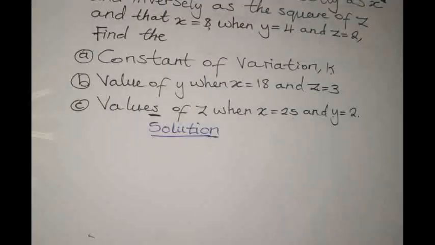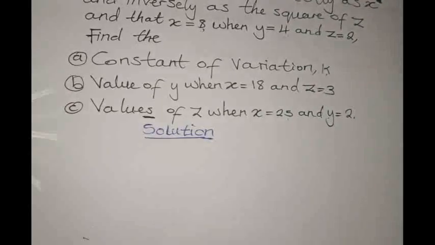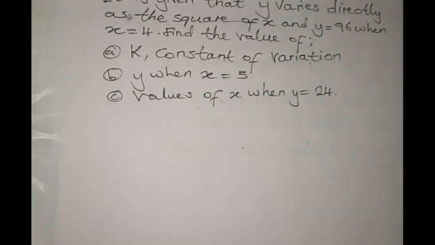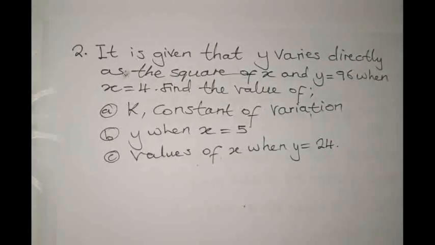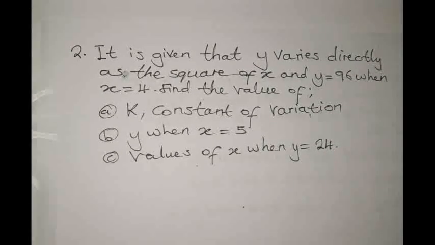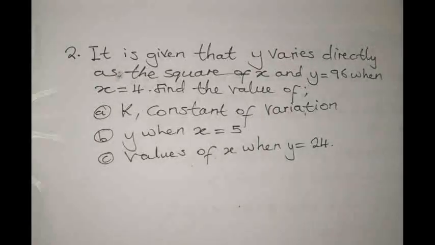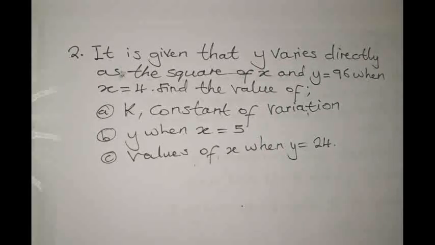Now I also have another question, besides question 2. Question 2 reads: it is given that y varies directly as the square of x.